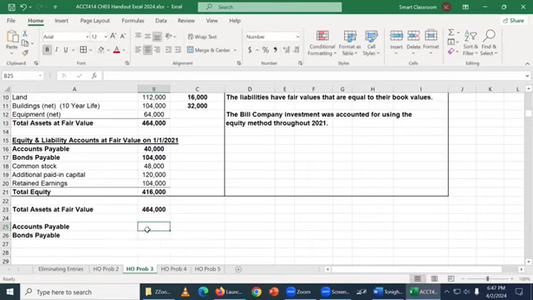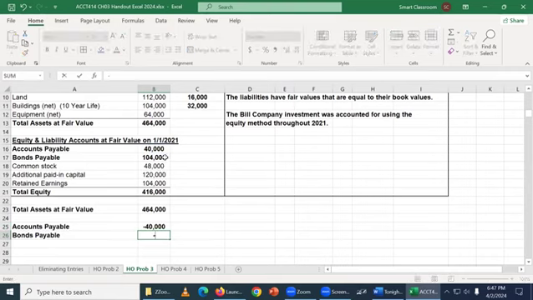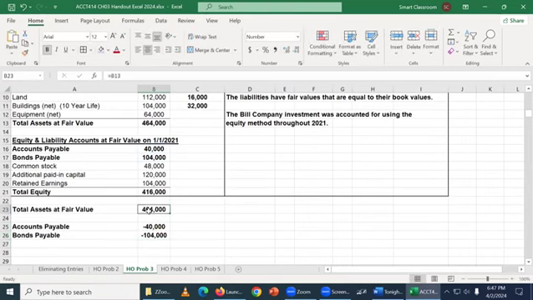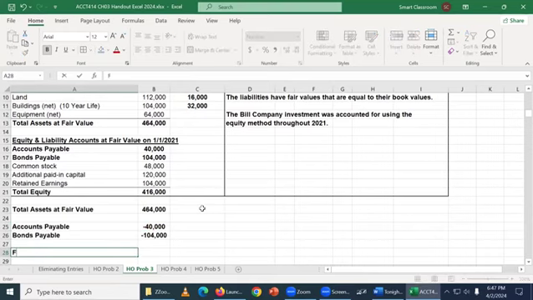Okay, I'm gonna try it again. I'm showing these as negative because this is what we owe other people when we bought this place. And so this is the fair value of the asset, what they would usually call the identifiable assets.